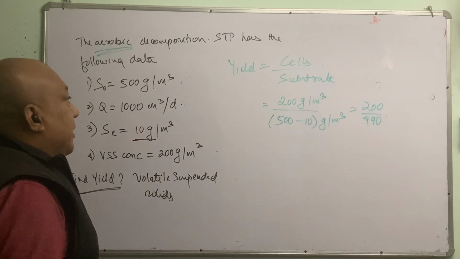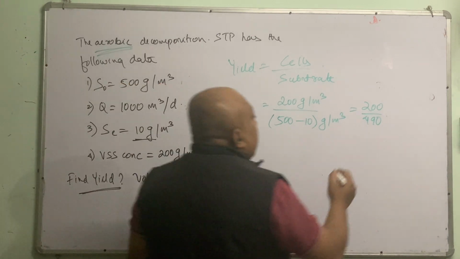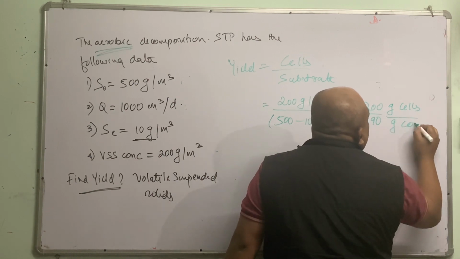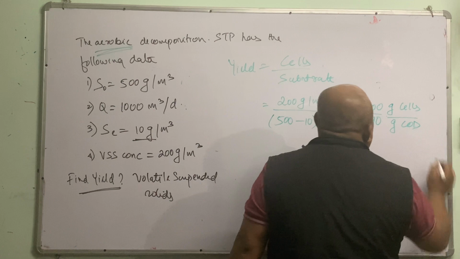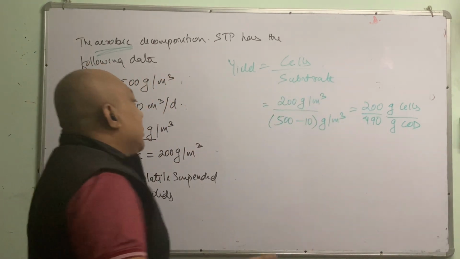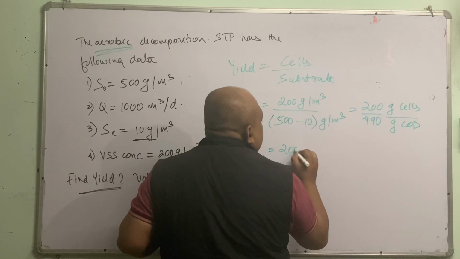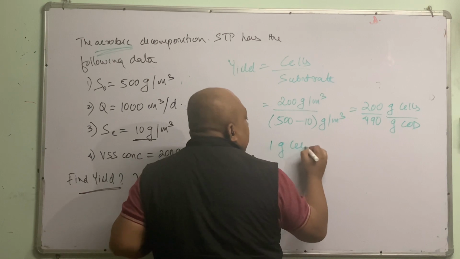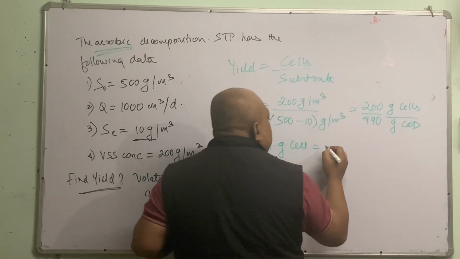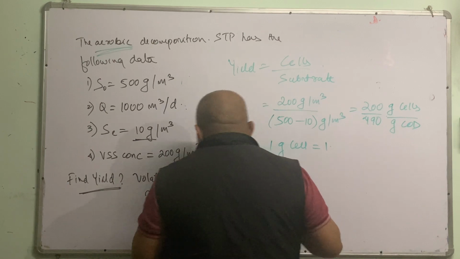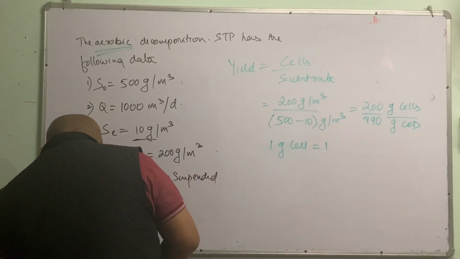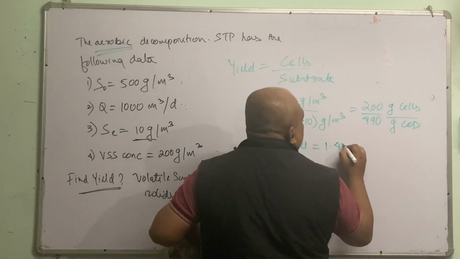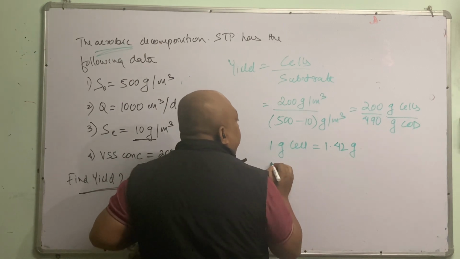Okay. But this is grams of cells and this is gram of COD. We want to convert everything in terms of COD. Remember, 1 gram of cells is equal to how much? We said 1.42 grams of COD.